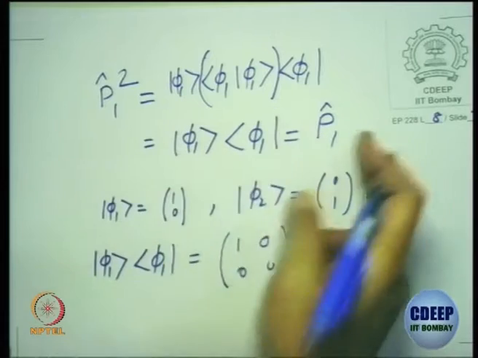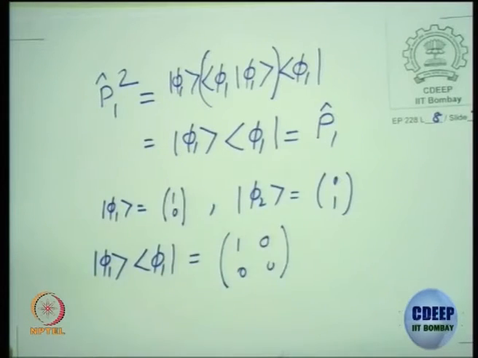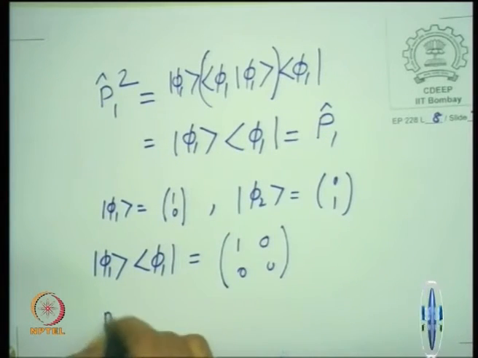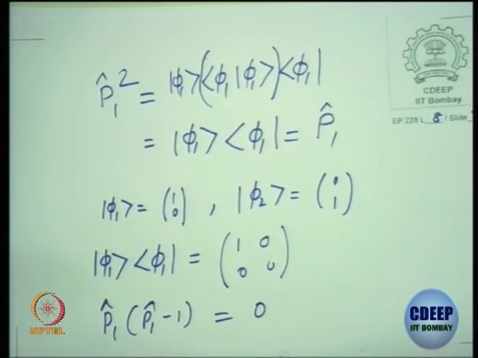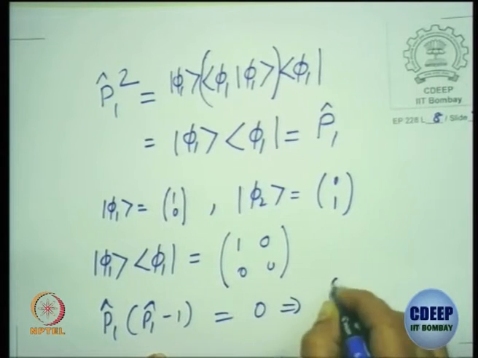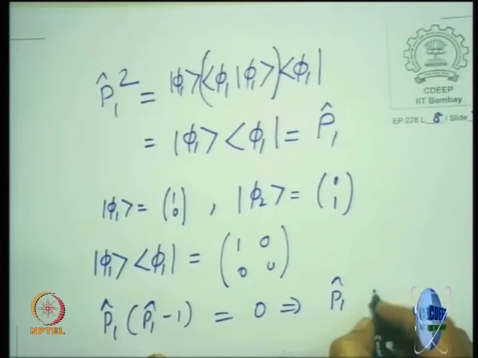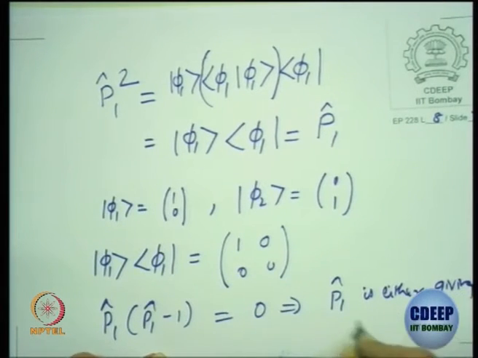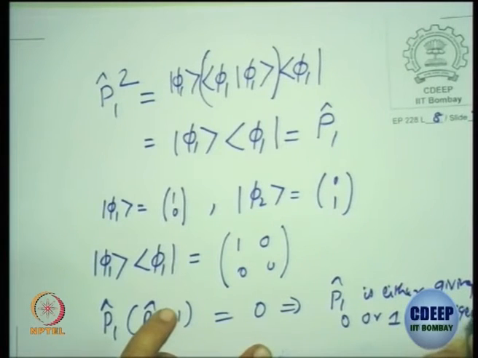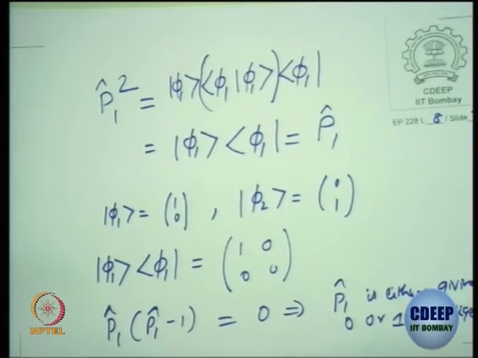You can also verify that from here: P1 squared minus P1, you can solve that equation. P1 squared minus P1 equal to 0, which implies P1 gives either 0 or 1 as eigenvalues, right.